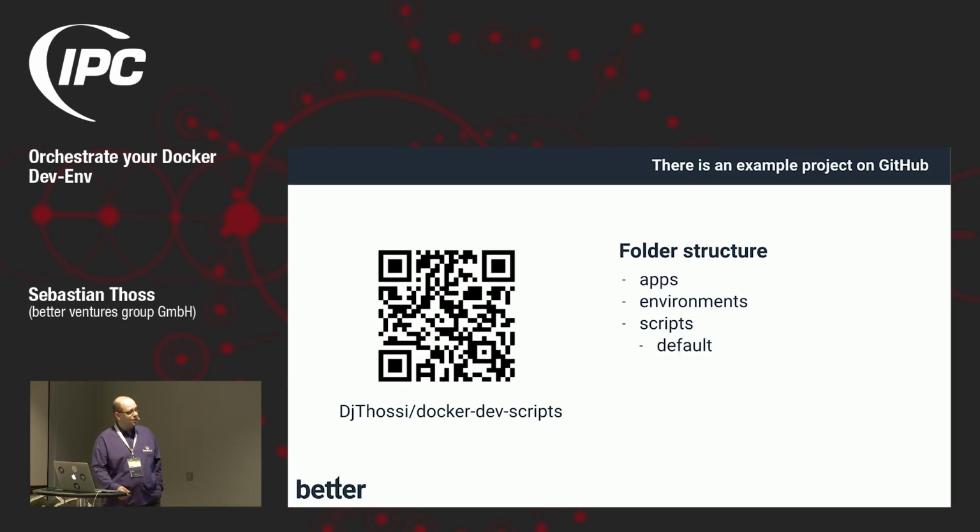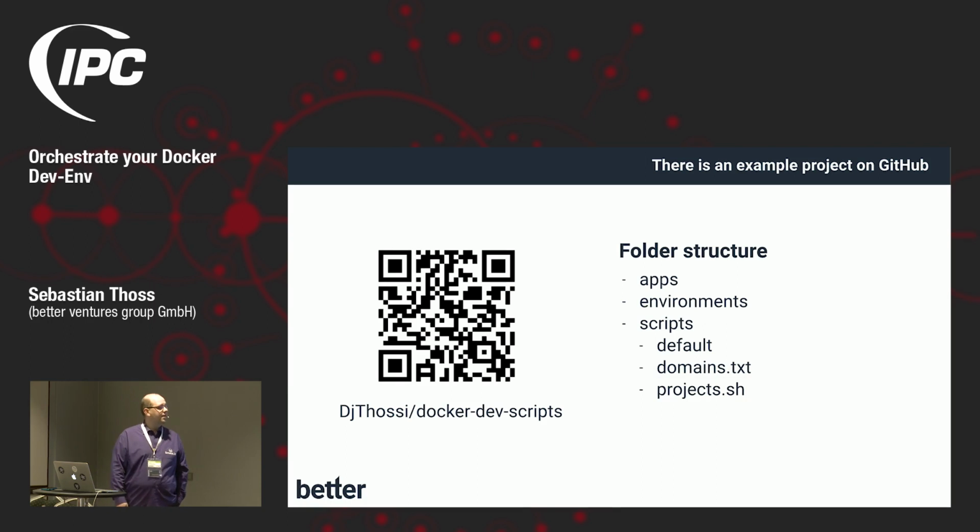In there we have the default folder. That's where all the default scripts are, because you can put next to the default folder, with the same name as your application, another folder and then introduce your own app scripts or own build scripts if you need to overwrite the initial scripts. So you can set up your own scripts there. We have the domains txt. That's pretty much the file where you have all the domains which should be added to the etc hosts file.